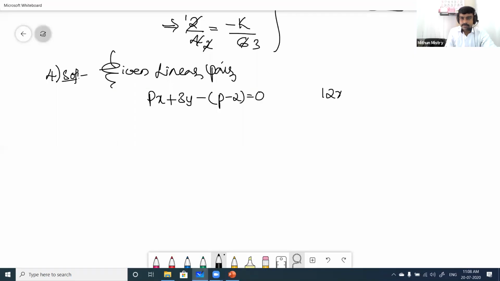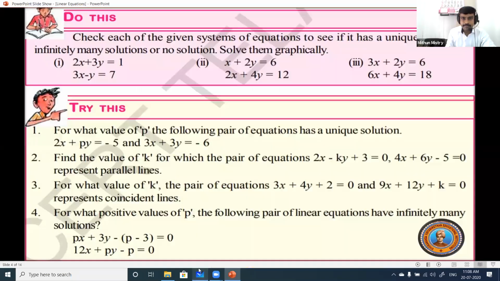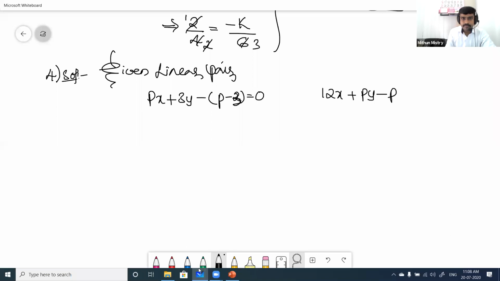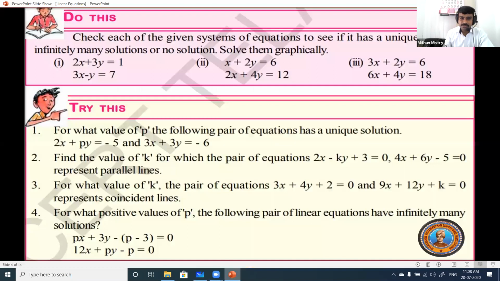Minus 3? P minus 3. Yeah, that's why I say to help me out, but nobody will help. Where is Gagan? 12x plus py minus p is equal to 0.